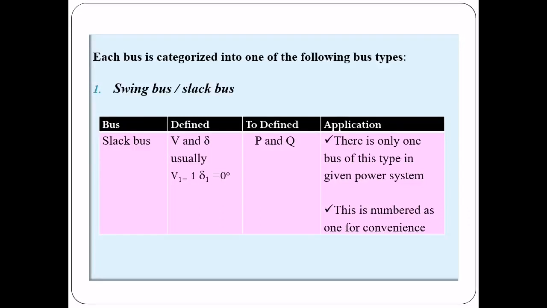There is only one bus of this type in any given power system, and this is numbered as the first bus for convenience. You might have n buses in a system, but we always take the first bus as the reference bus. The first bus is the slack bus, in which voltage is 1 per unit and its angle is 0. That's why it is also called the reference bus. So there will always be only one such slack bus in any system.